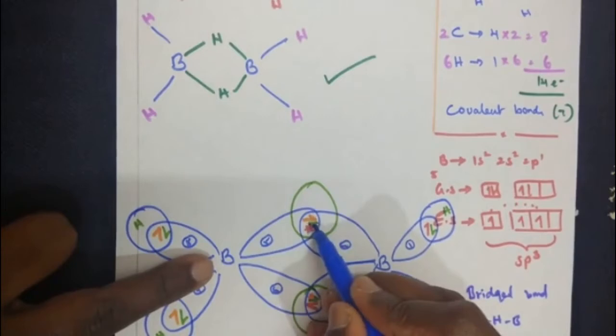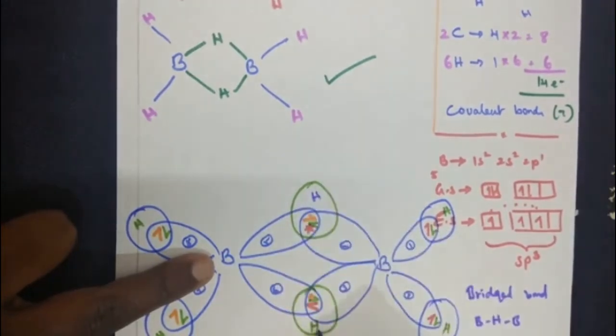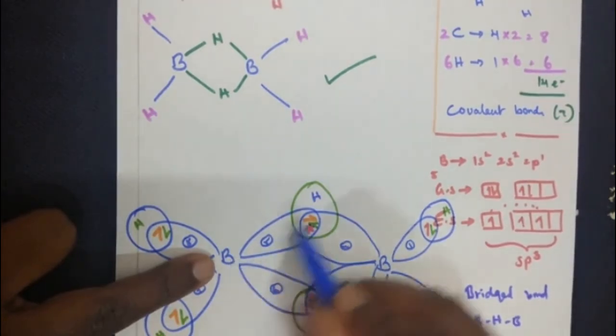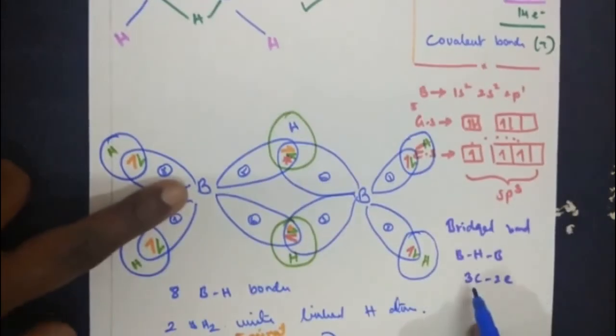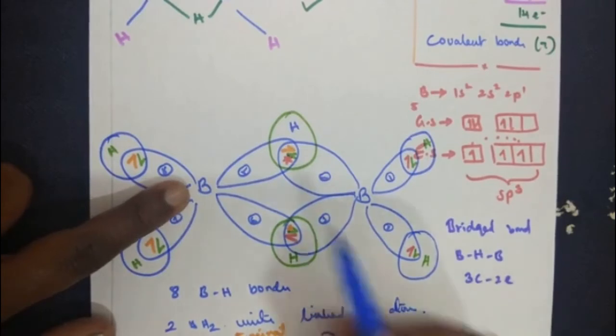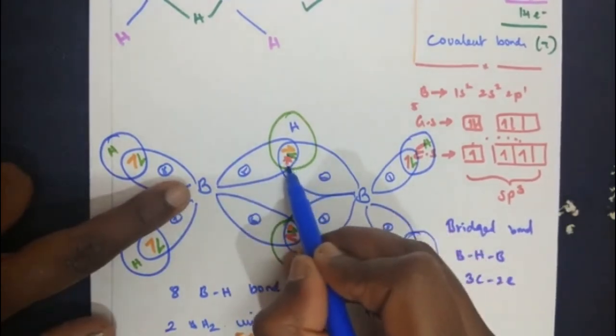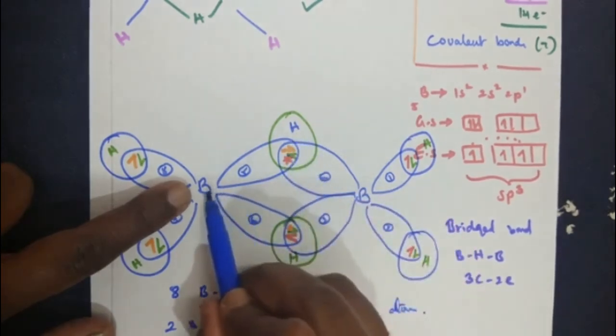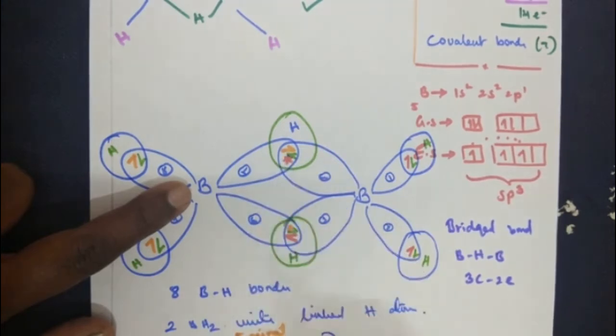Boron is 1 center, hydrogen is another center, and this is boron. So above the plane, boron, hydrogen, boron. So how many centers do we have? 3 centers. And how many electrons are shared? Leave aside this empty orbital which I have marked with the star. So 2 electrons are there: 1 from hydrogen, 1 from the filled orbital of boron here.